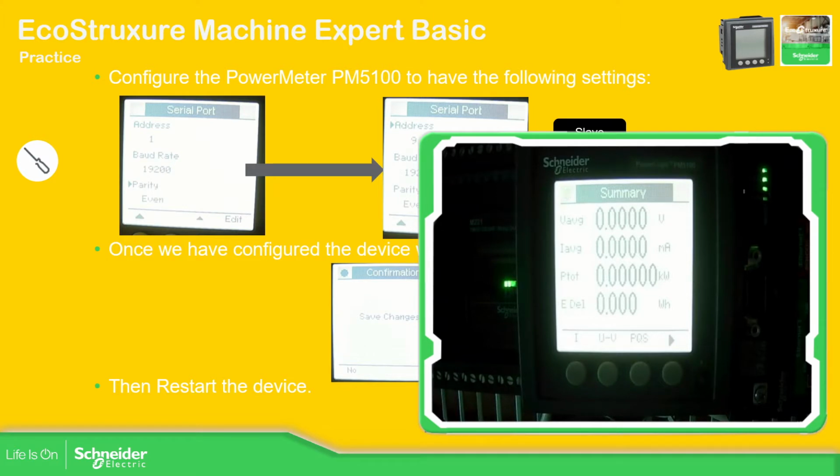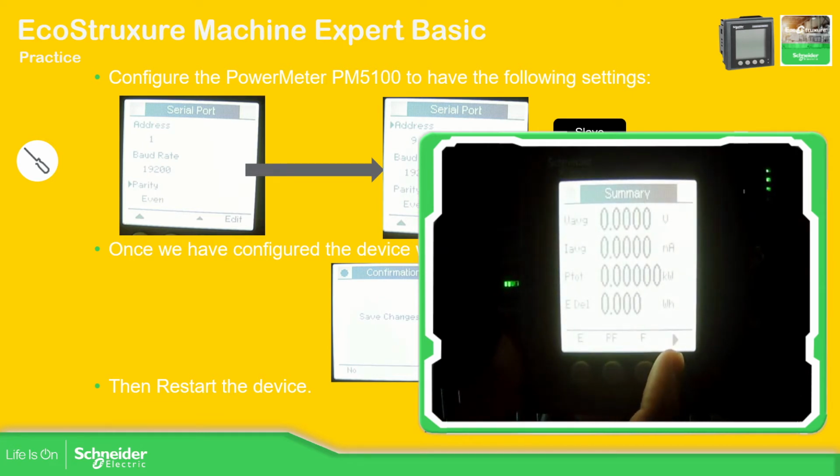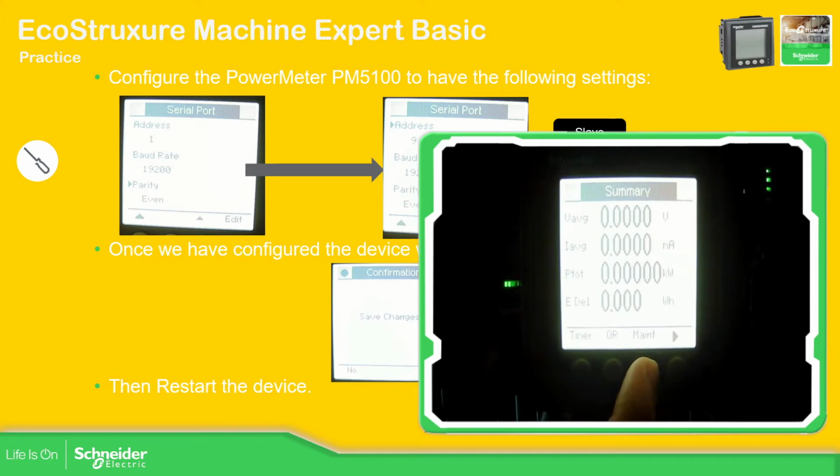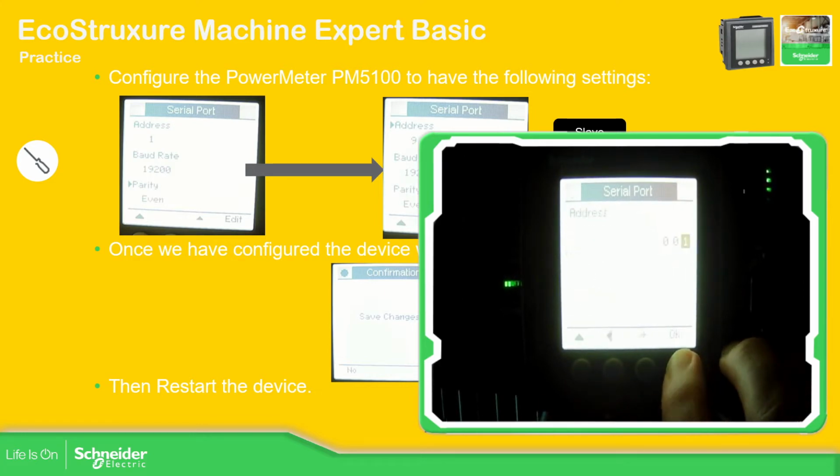I have this power meter, so I'm going to maintenance, setup, the password 0, communication, and here I have the possibility to change the address. If I go down, then I have the option to edit.